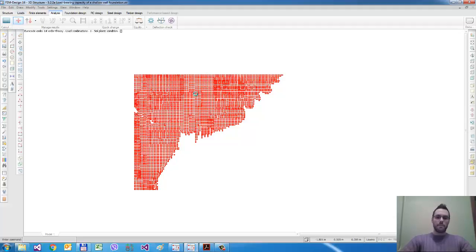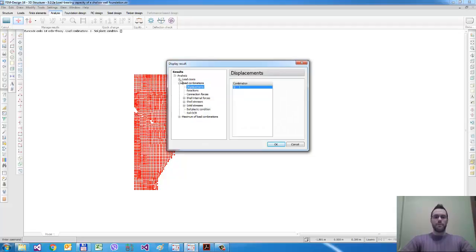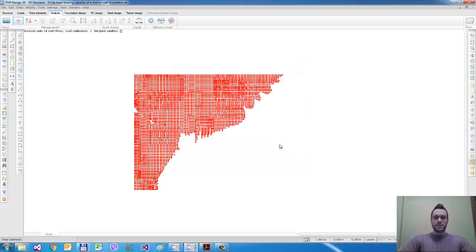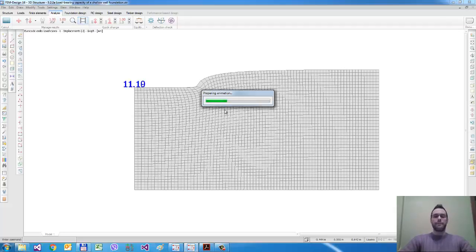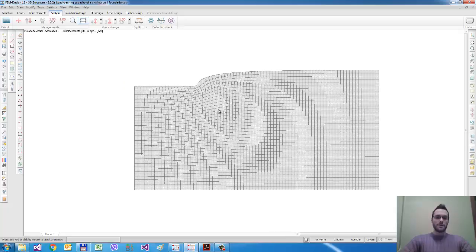So let's compare the settlement profile based on the linear calculation with the former one. In this case, with the linear calculation, according to the external load, we have just 11 millimeter settlement, and the displacement profile is quite different from the displacement profile of the nonlinear soil calculation.